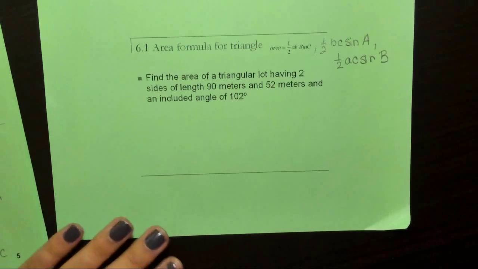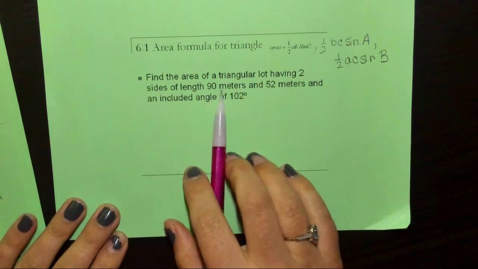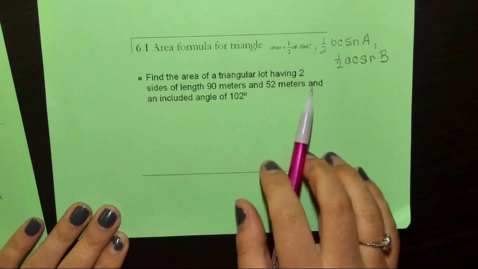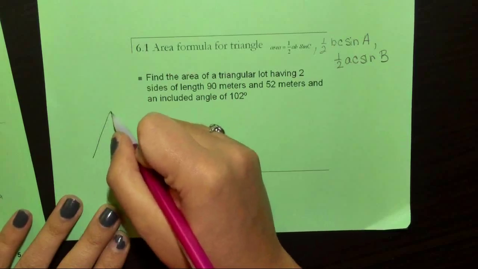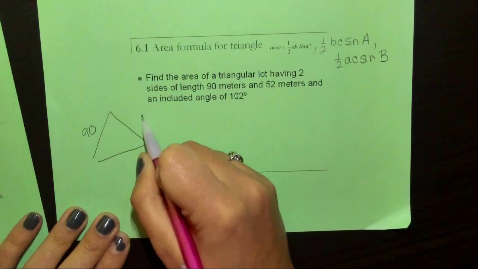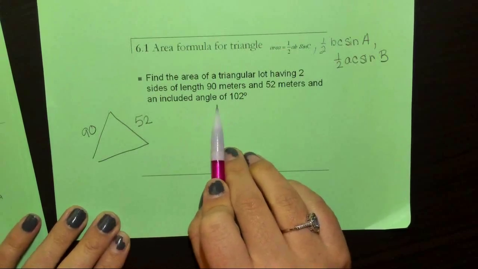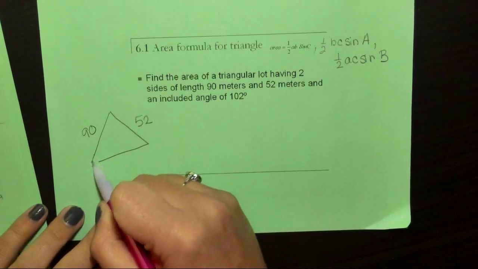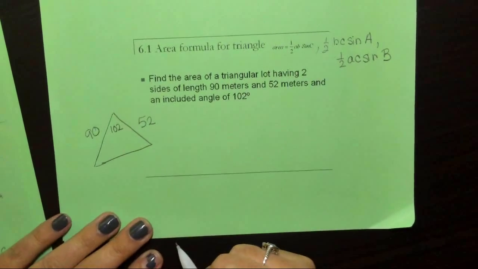Okay, so we have the area of a triangular lot that has 2 sides of length 90 meters and 52 meters, and an included angle of 102 degrees. So we have 90, 52, and our included angle, which means that it needs to be in between those 2 sides, is 102 degrees.